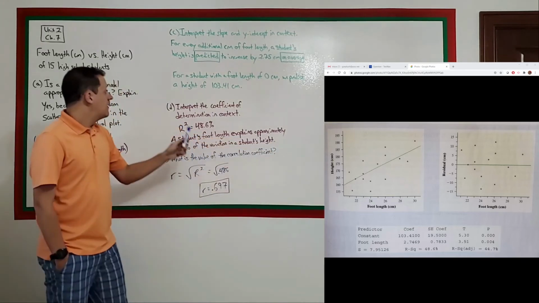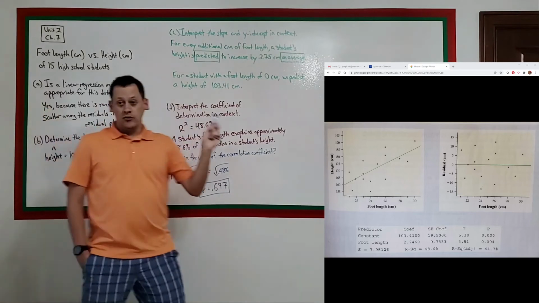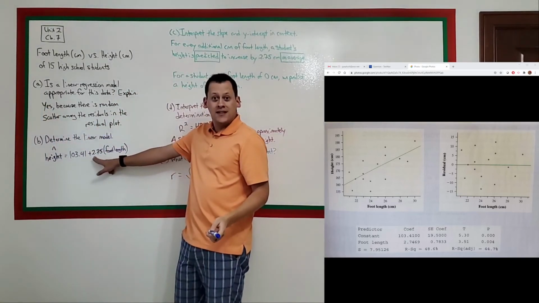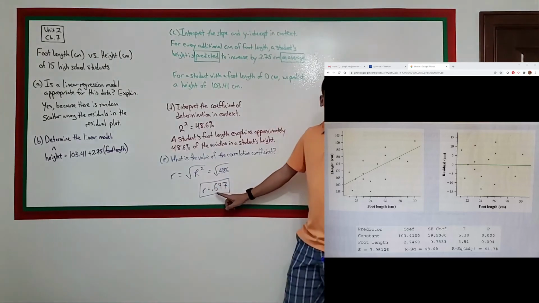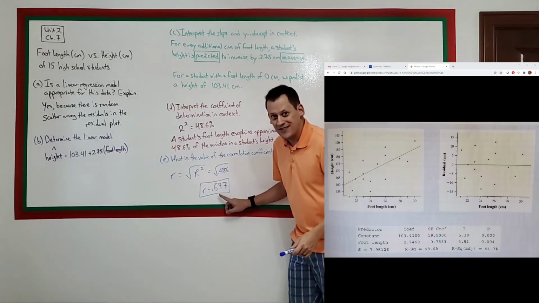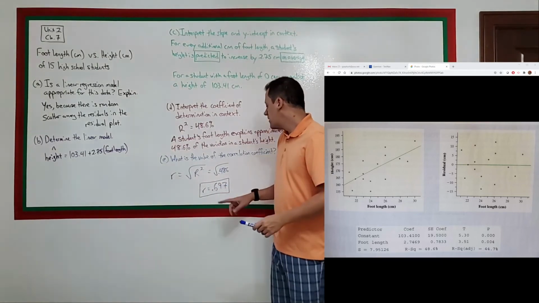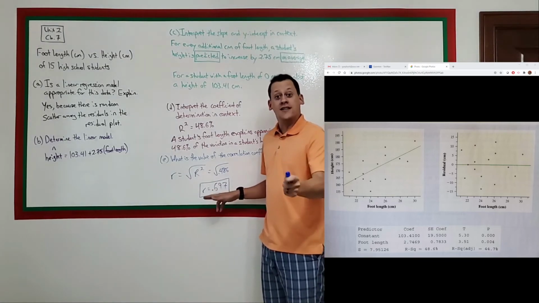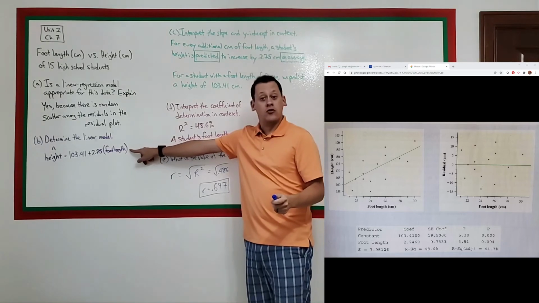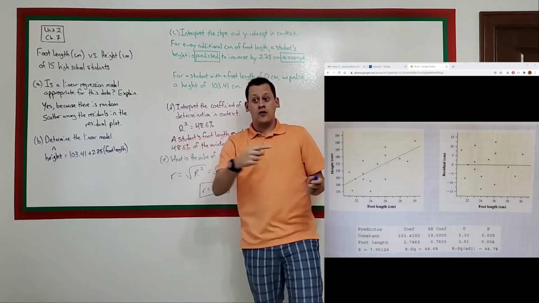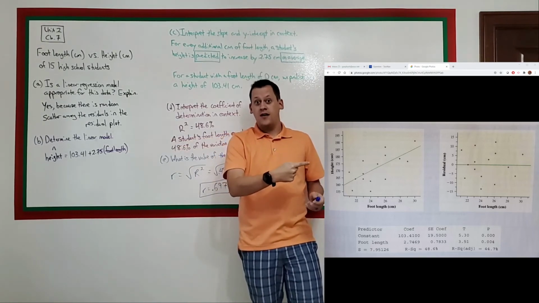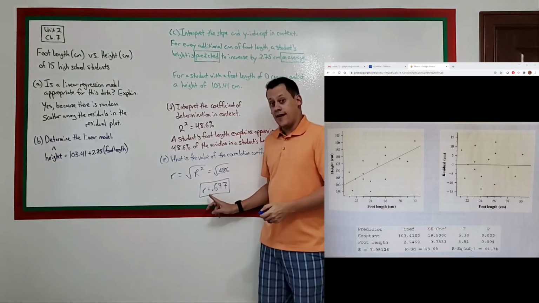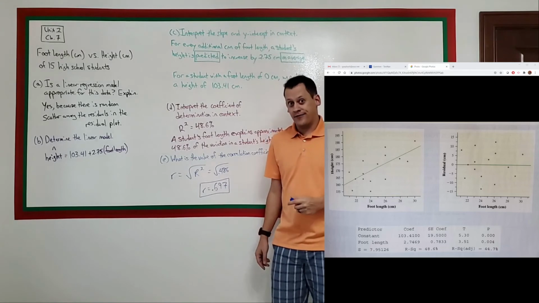Or if you have created your model and the slope is negative, that tells you that the correlation needs to be negative as well. Okay? So by doing this calculation, r will always be positive, but you need to take a look at either your regression equation or the scatter plot. And if you see a negative slope, you need to change this to be negative. That's the only way to get it.